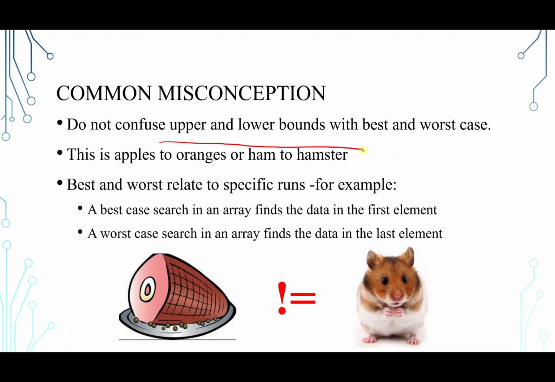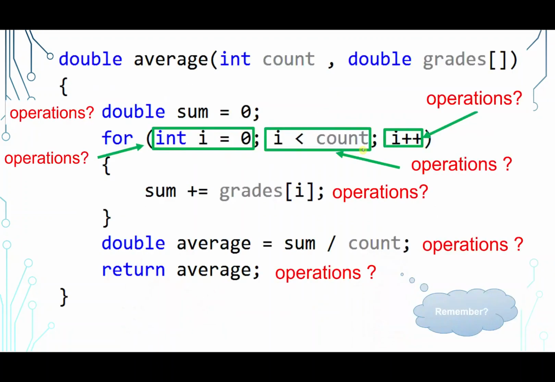So there is a big misconception sometimes with people trying to understand worst, best, and average cases with big O and big omega. Remember how we found this.